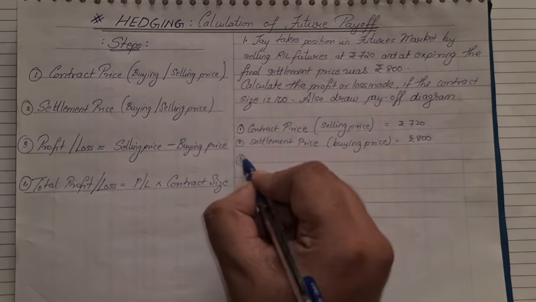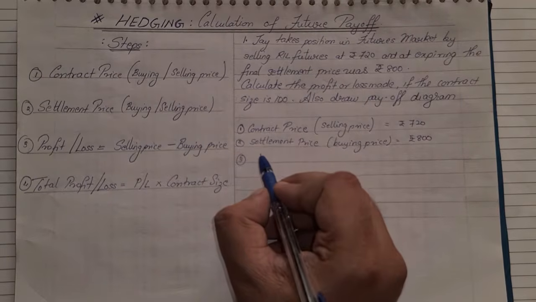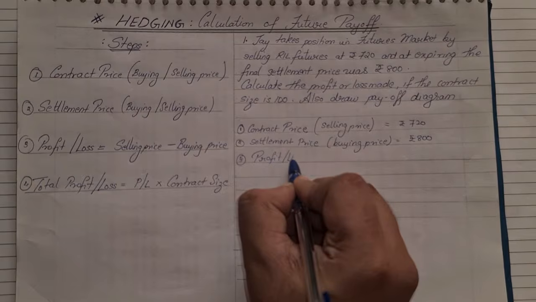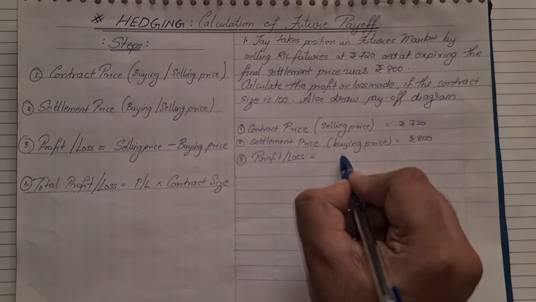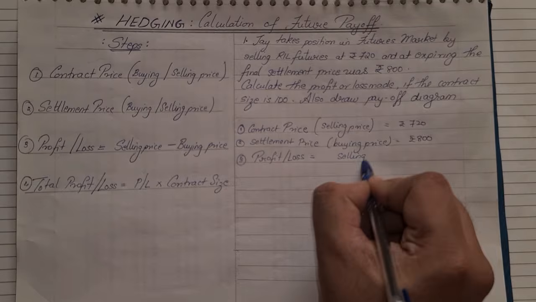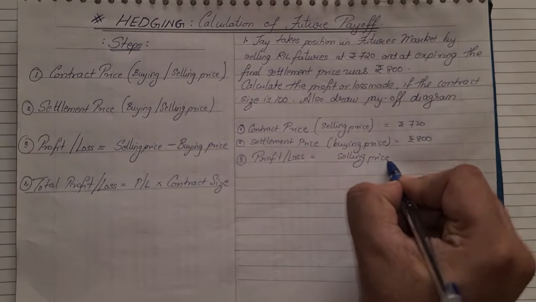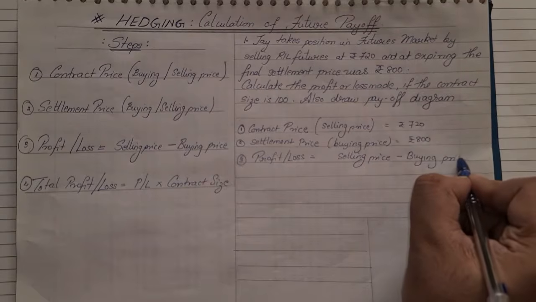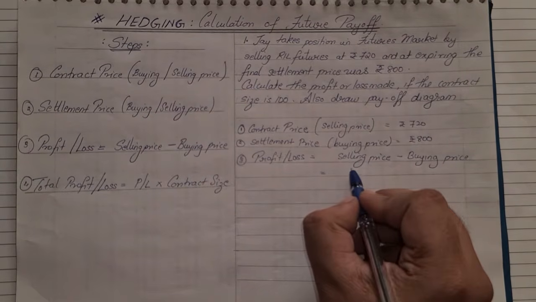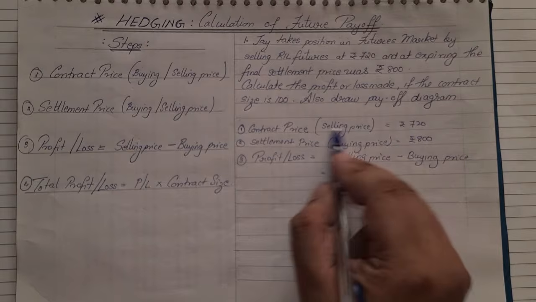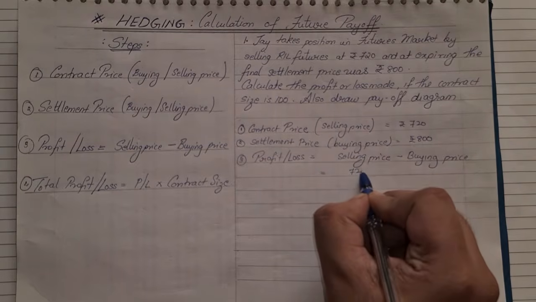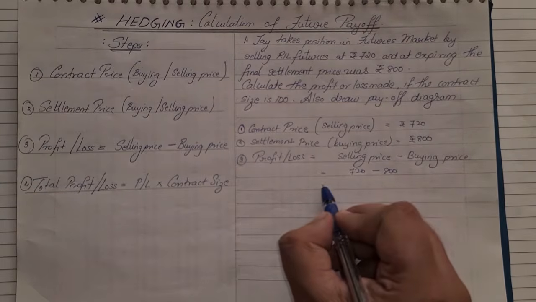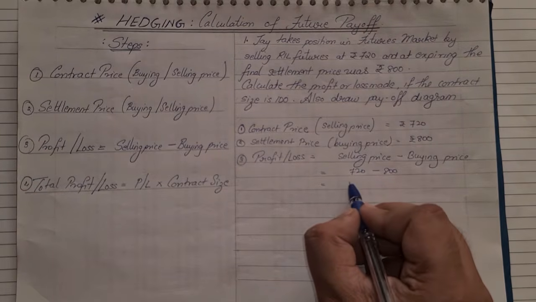Step number 3, I need to find whether I've earned a profit or a loss. Profit or loss is equal to selling price minus your buying price. My selling price was the contract price in this sum, so it is 720 minus 800. 720 minus 800 will give you negative 80.